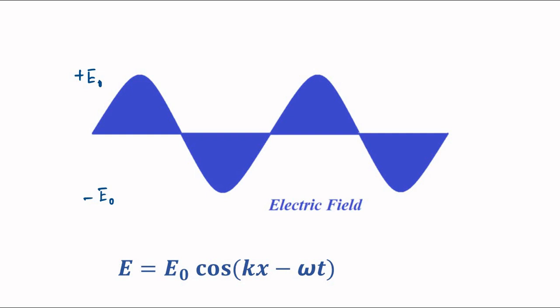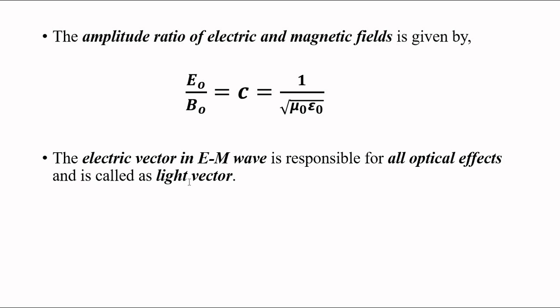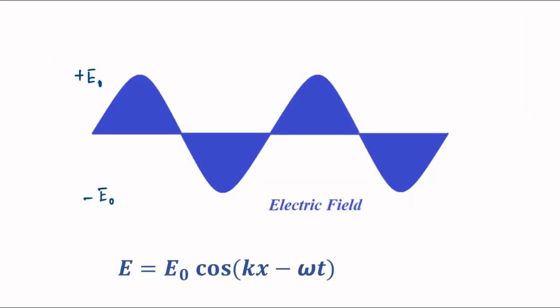This electric vector of the electromagnetic wave is called the light vector, and it is responsible for all optical phenomena, and it is particularly utilized for designing specific transducers and detectors and also in optical communications. So here are some of the basic properties of electromagnetic waves. There are other properties also which we'll discuss in a separate video. These are some of the basic fundamental properties of electromagnetic waves.